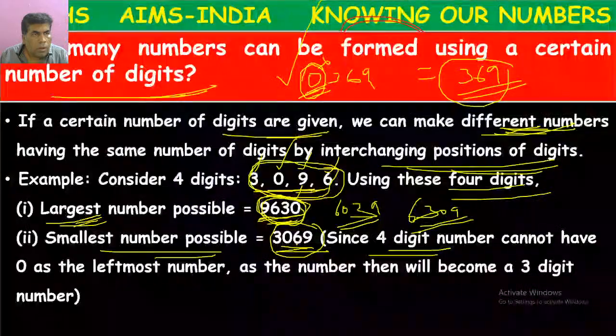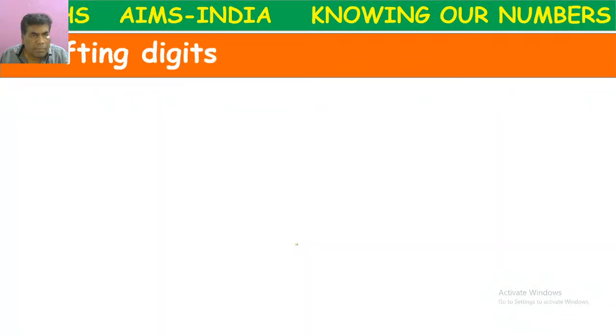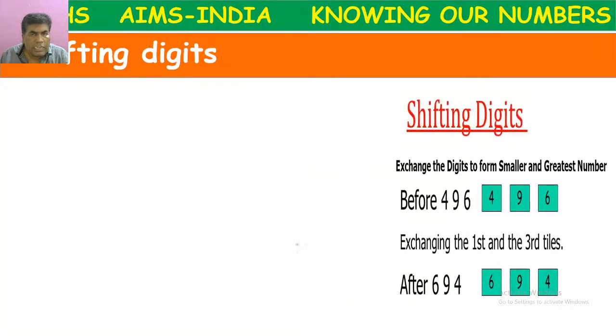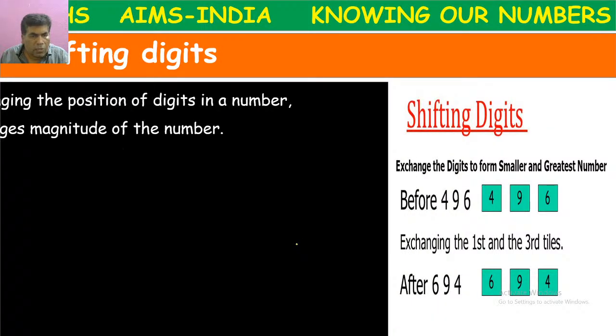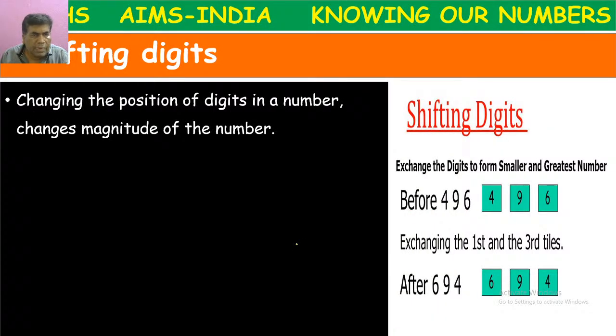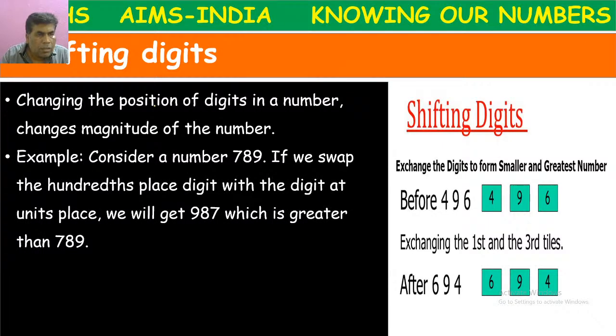So not only forming numbers, we can also shift the digits. Suppose we have 496. If we interchange the places, it will change into 694, or we can also write it as 964.